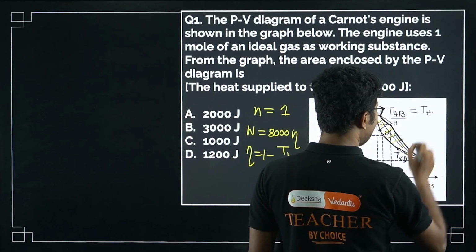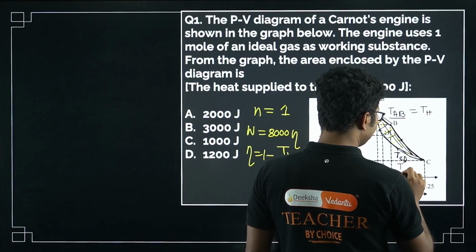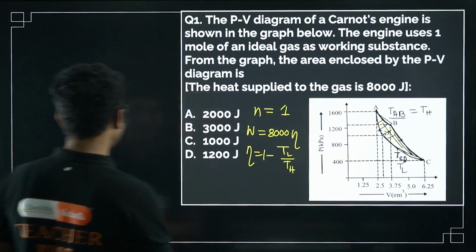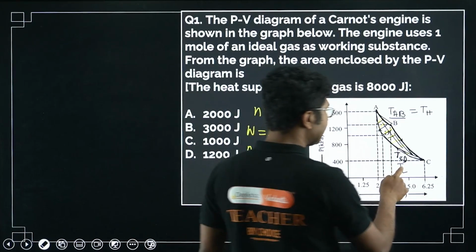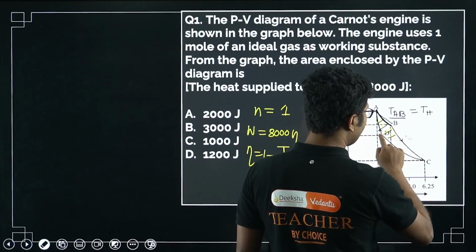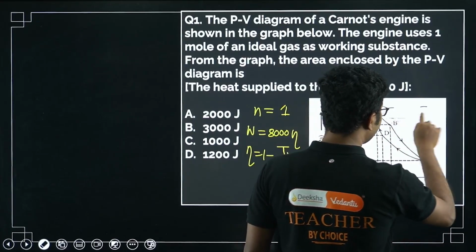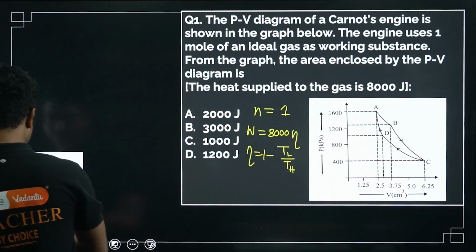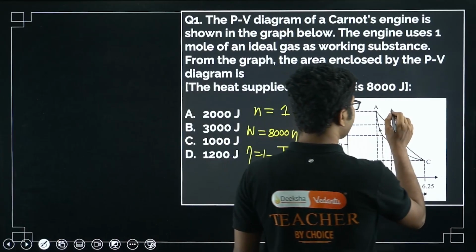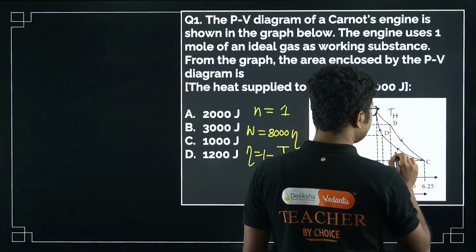So we will write the temperature TAB as T high and TCD as T low. This is a little longer question, a little tricky but solvable, and from your previous year questions, so you cannot ignore it. This is the T high temperature and this is the T low temperature.